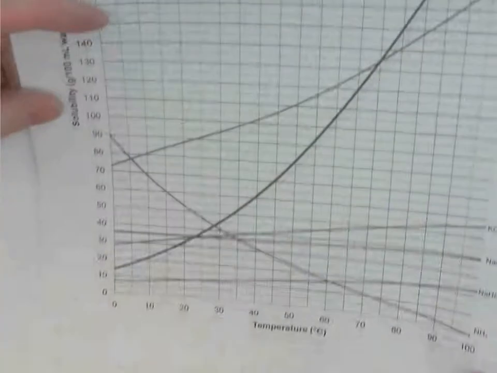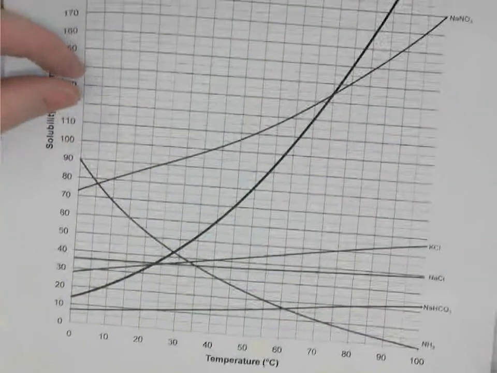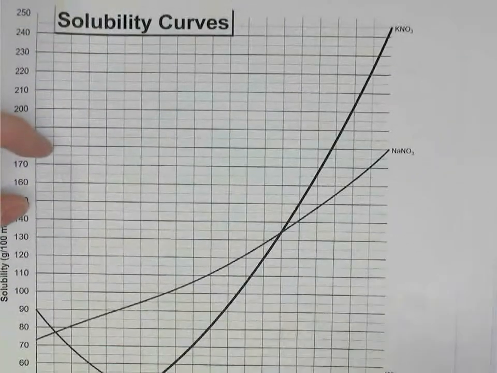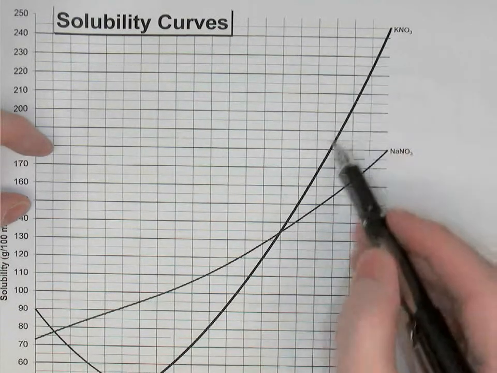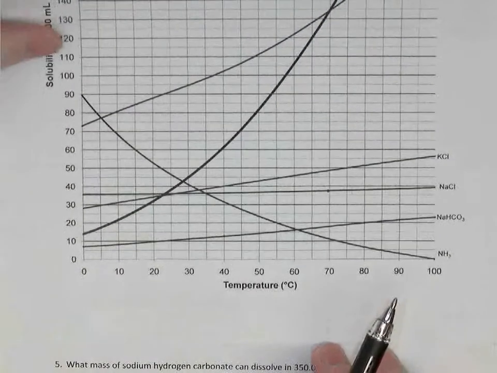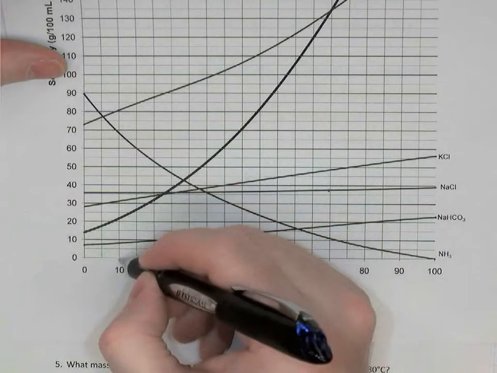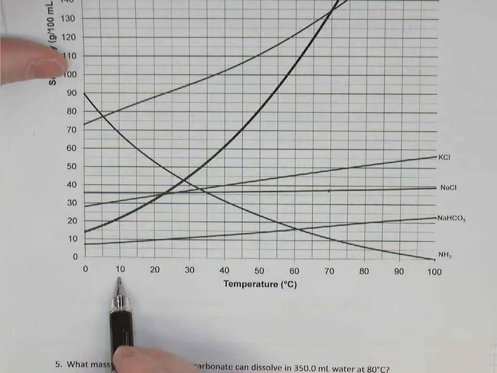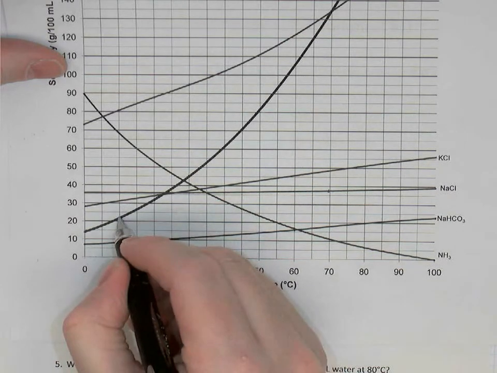Potassium nitrate at 10 degrees Celsius is the second question. Potassium nitrate's graph, KNO3, is labeled up here, so it's this graph that drops dramatically. It changes solubility quite a bit with temperature. And at 10 degrees Celsius, that's this temperature on the x-axis, we go up to that curve, which would be right about there.